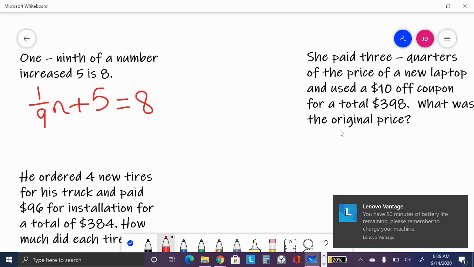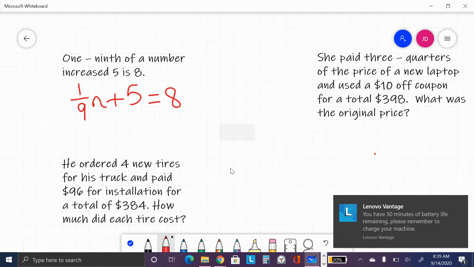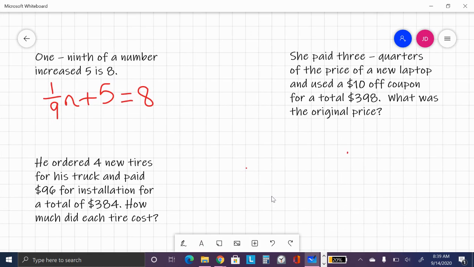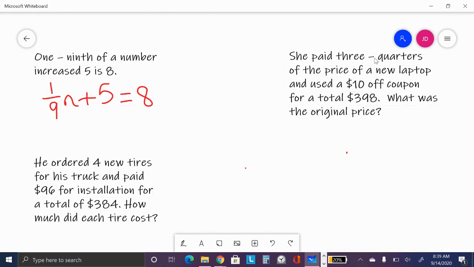Okay. So in this one, she paid 3/4 of the price of a new laptop and used a $10 off coupon for a total of $398.